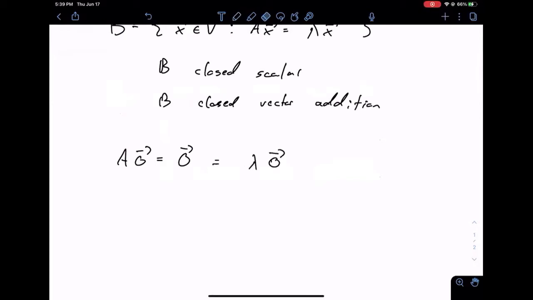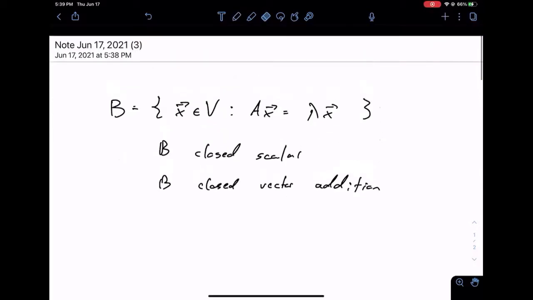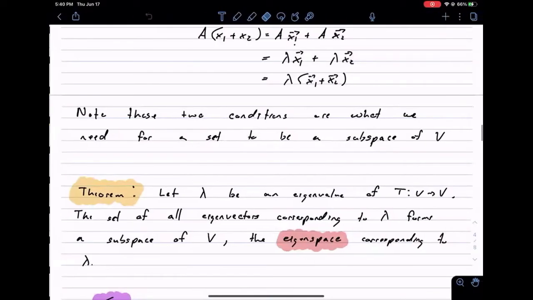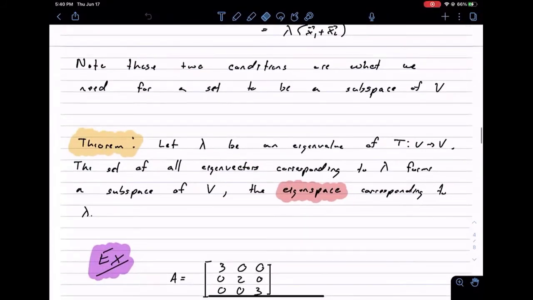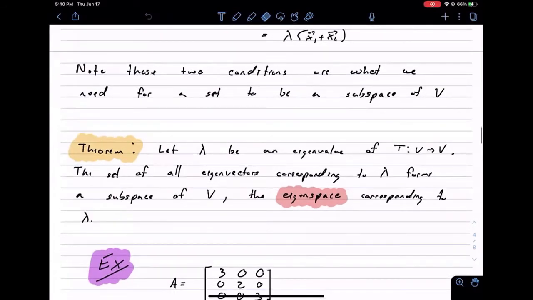So it's always in there. Okay. So what do we know? What does this stuff combine to give us? We can sum it up in this theorem here. Let lambda be an eigenvalue of our linear transformation. The set of all eigenvectors corresponding to that particular lambda forms a subspace of our vector space. We call it the eigenspace corresponding to lambda.